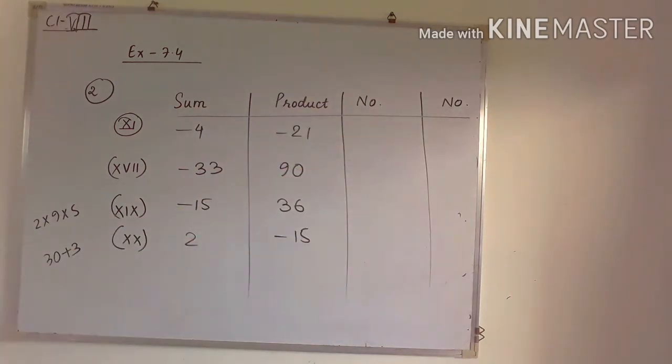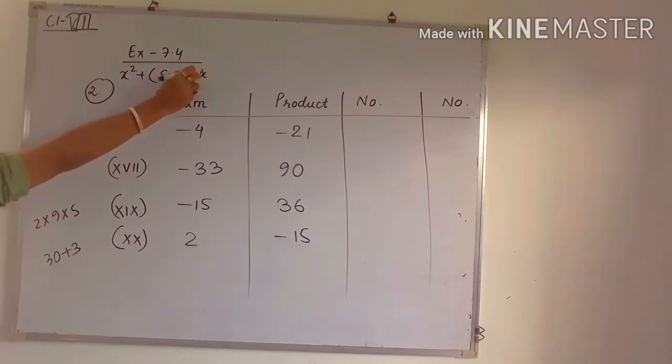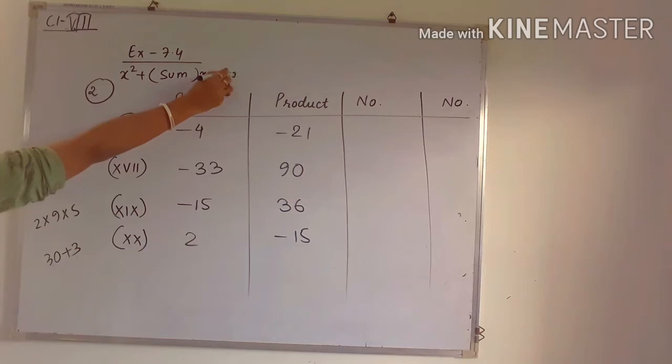Okay. So this is a what? Already I told you in the last lecture that by using the sum and product we can make a quadratic trinomial. Okay. So how does the quadratic trinomial look? Quadratic trinomial is in the form x square plus sum of constant term into x, okay, plus product.